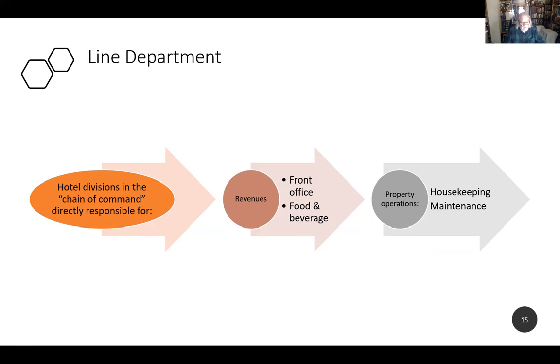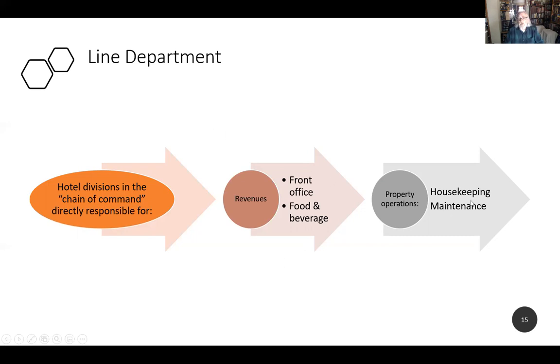So examples of line departments, you can see them right here, would be the F&B of various types as well. So that might be a dining room or a snack bar or a breakfast buffet, or it could be many different things. But line departments generally are definitely considered revenue departments.